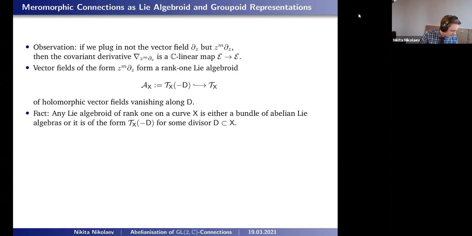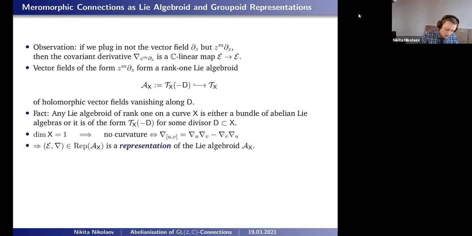Okay. Because we are on a Riemann surface, a complex manifold of dimension 1, there is no curvature. These connections that I am considering necessarily have no curvature because they're holomorphic or meromorphic connections.